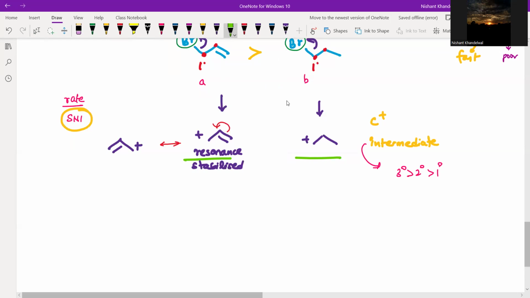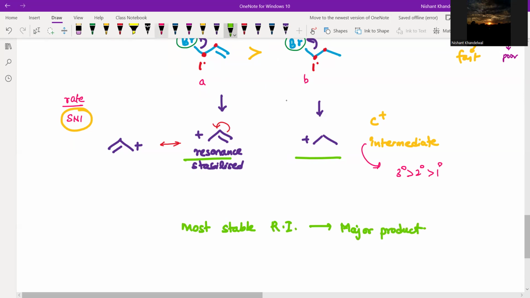So always remember, the most stable reaction intermediate will give you the major product.